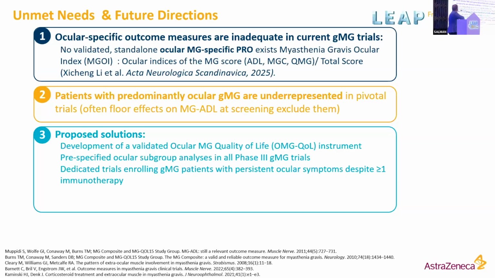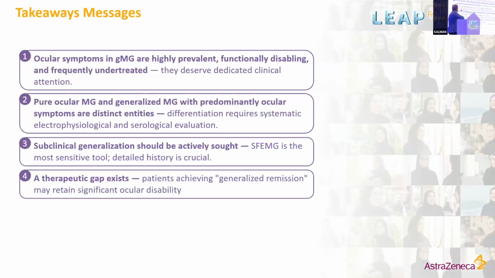So the takeaway message is that ocular symptoms in myasthenia are highly prevalent, disabling, and underrated, sometimes even dismissed by the clinician when seeing the patient, because the patient seems to be doing well otherwise, except that he's complaining of diplopia or ptosis, etc. Pure ocular myasthenia and generalized myasthenia with ocular symptoms are distinct entities.